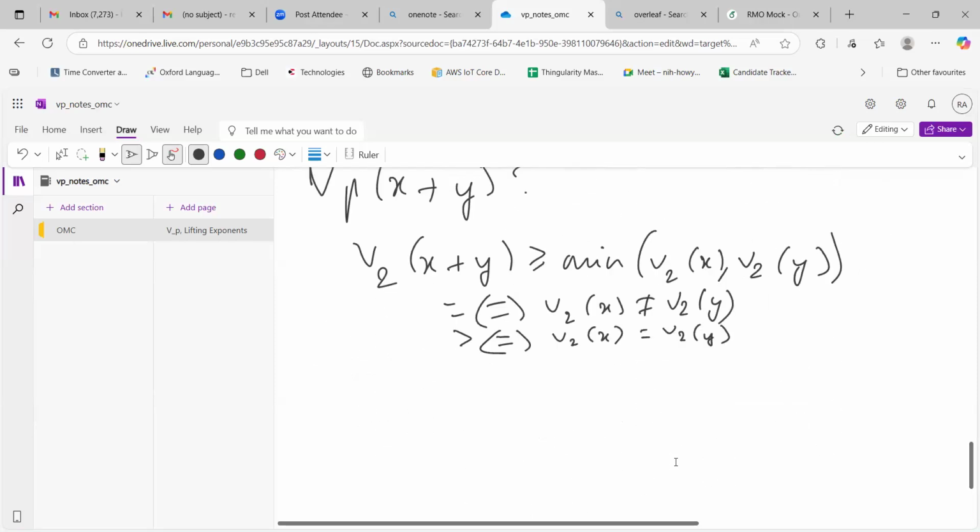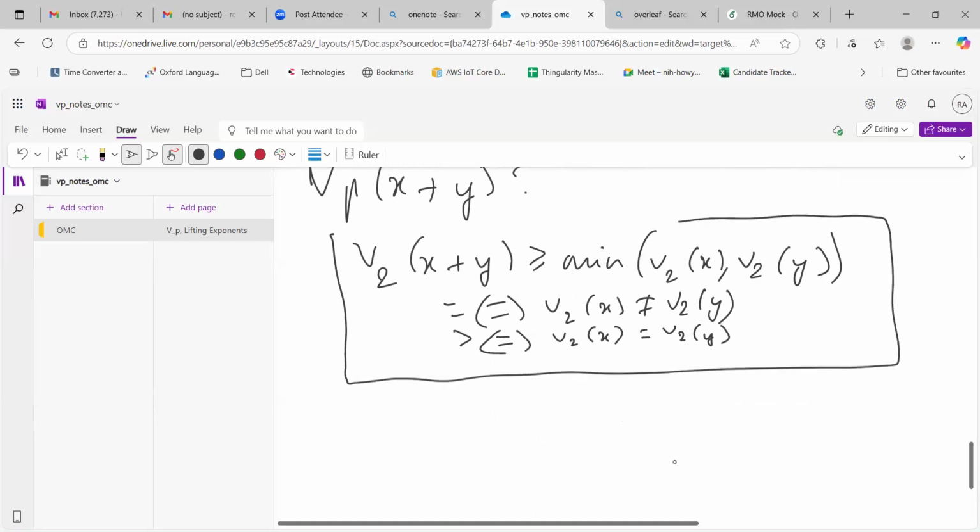Right. So now I'm just going to go ahead and prove this. And then someone else can try to figure out VP of x plus y in general. So the point is, let us say V2 of x is equal to a, V2 of y is equal to b.